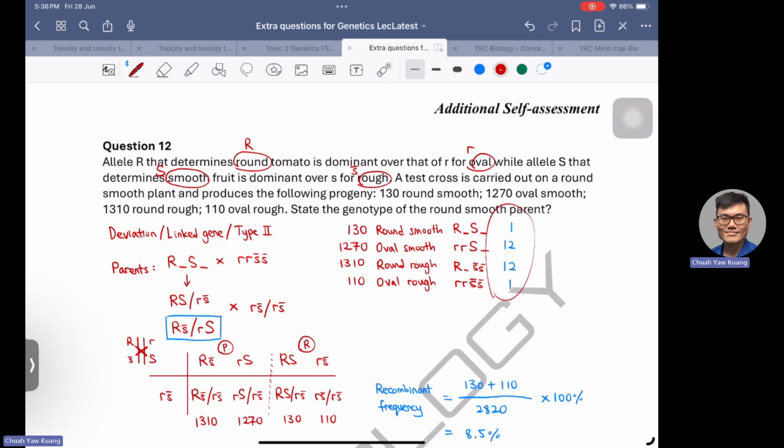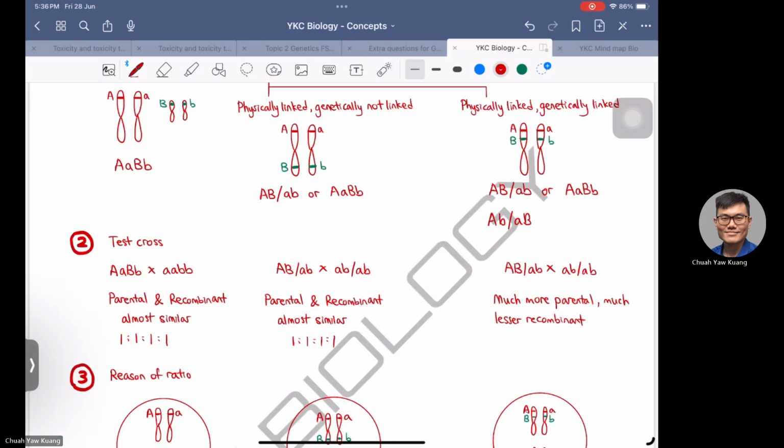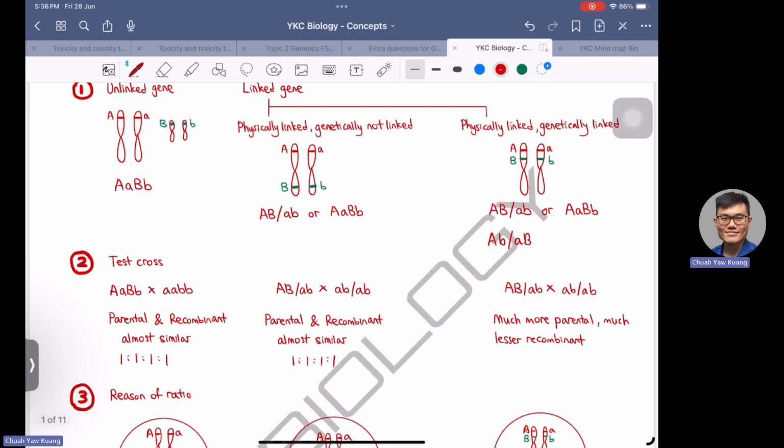So the two parental classes will be huge. Let's say I just put 9 to 9 to 1 to 1. You can see that the recombinant will be much fewer.